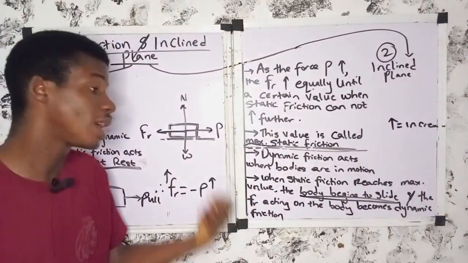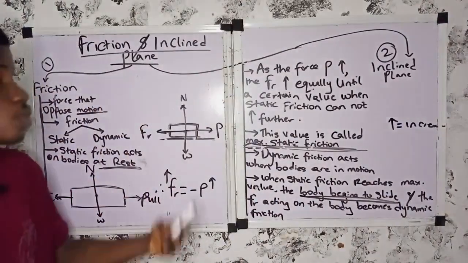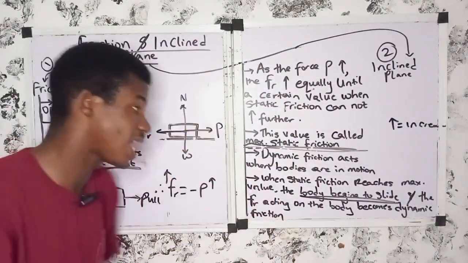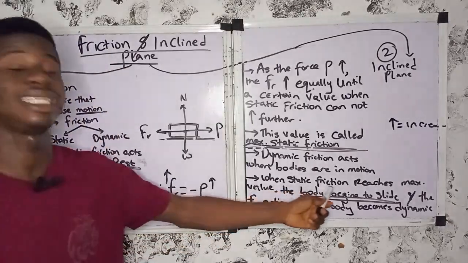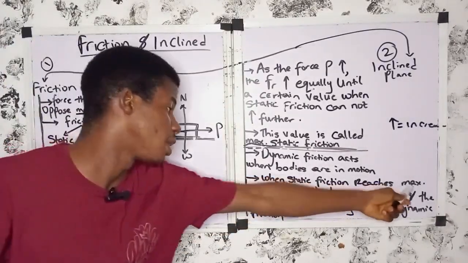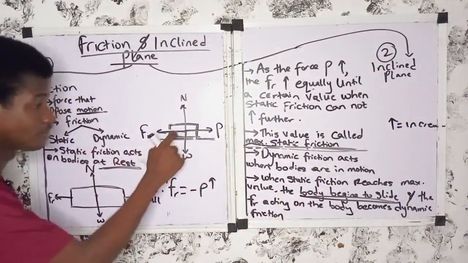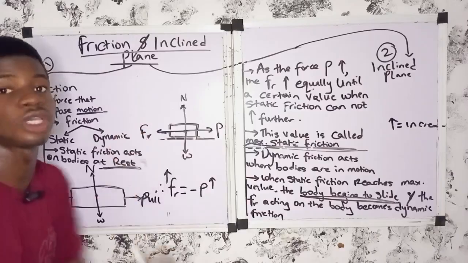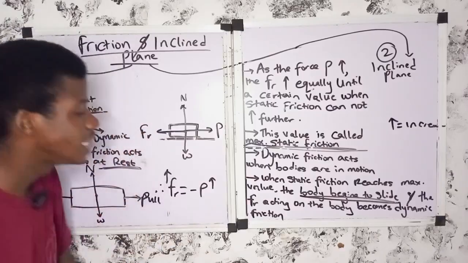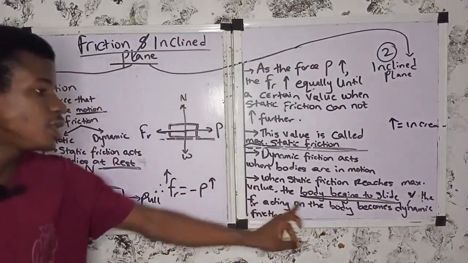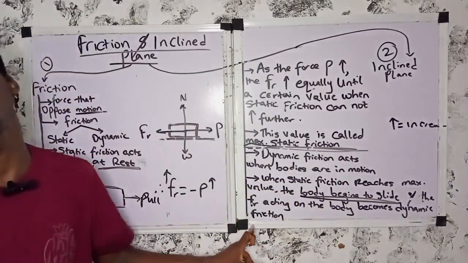Now then we ask you, at which condition will the body begin to slide? That is when static friction reaches the maximum value. Beyond this value, the body will begin to slide, and the friction acting on the body becomes dynamic friction.